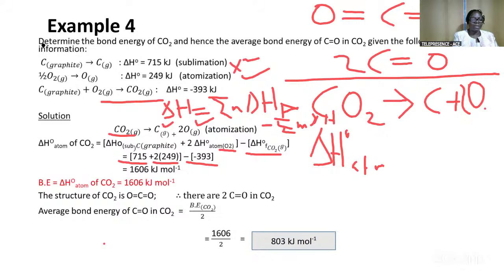So this is now the reactant, and the equation is as presented there. So if you substitute all the values, you will get delta H of atomization of CO2 to be equal to 1606 kilojoule per mole. I wish time will permit us to say that you should substitute those values yourself, but I don't think we'll be able to do that.